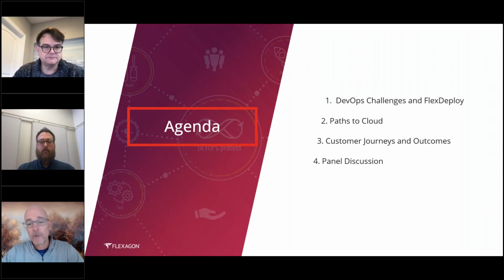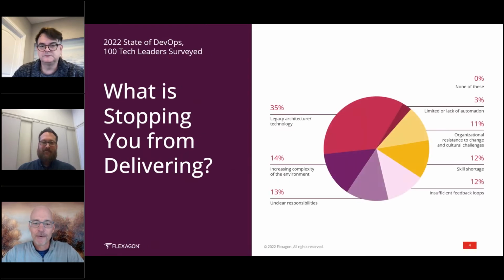And then very importantly, we'll get into the thick of it with Hub and Max talking about their journeys. What have their journeys been and the outcomes that they've been able to achieve. And then after we get done with those overviews, we'll get into some panel. I'll get to fire some questions off, and we'll see what kind of responses we have.